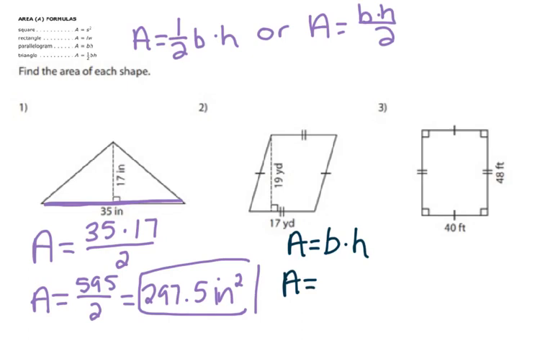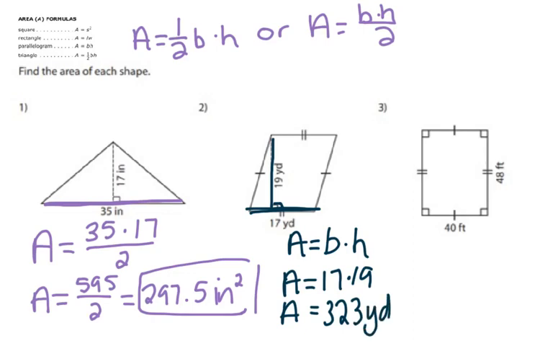So our area here is parallelogram, we have 17 is our base, so that's this line right here, and our height is always perpendicular to the base, which means it forms a right angle when it hits the base, and that's 19. So if we do 17 times 19, that will be 323, and our units is yards squared.